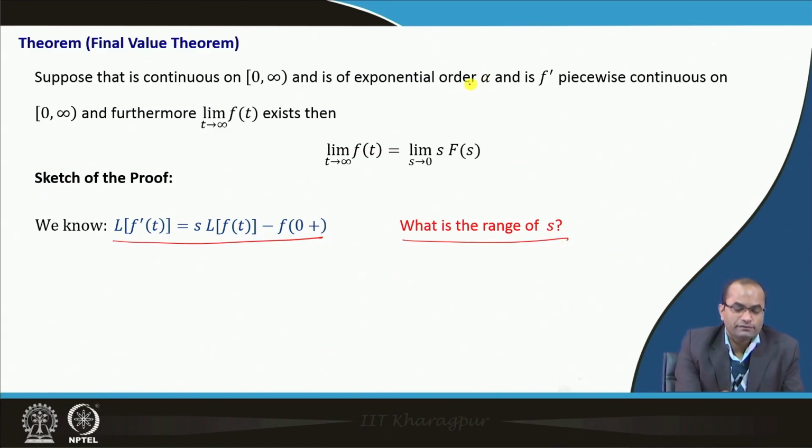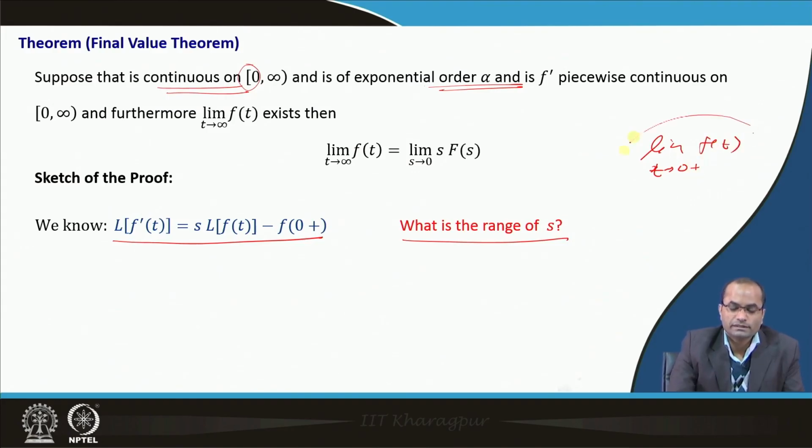It is given that f is of exponential order alpha, but we should notice that this exponential order will actually be 0, because the function is continuous including at 0, or even if it is piecewise continuous, the limit as t goes to 0 plus will exist.